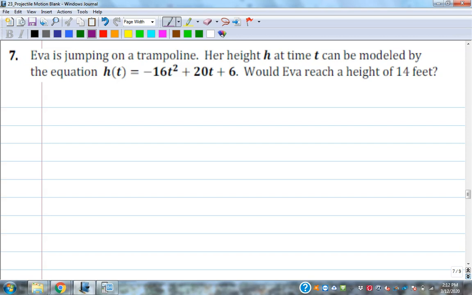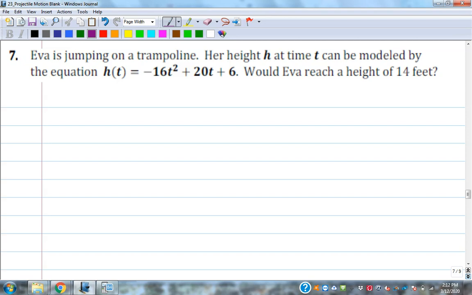What would be another way of determining if Ava ever got to 14 feet? Think about the Empire State Building problem. We're trying to drop the penny on the guy's head, so we set it equal to the height the guy's head was, right?